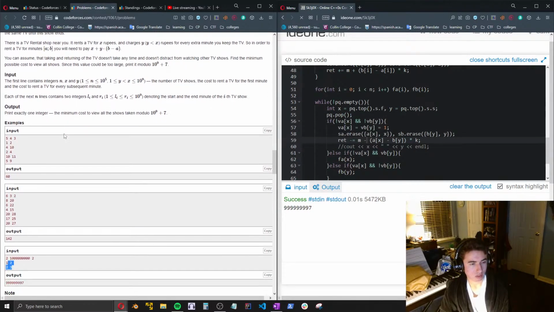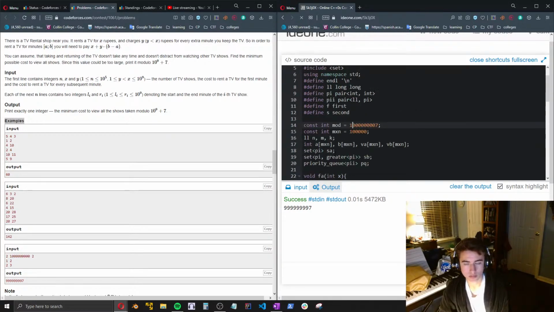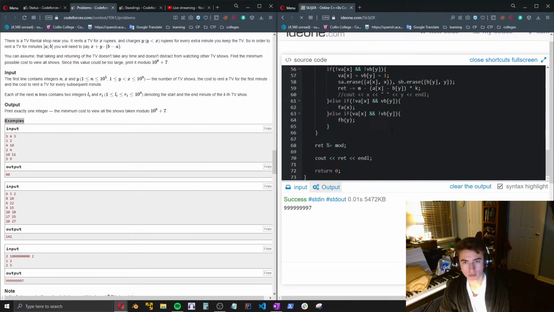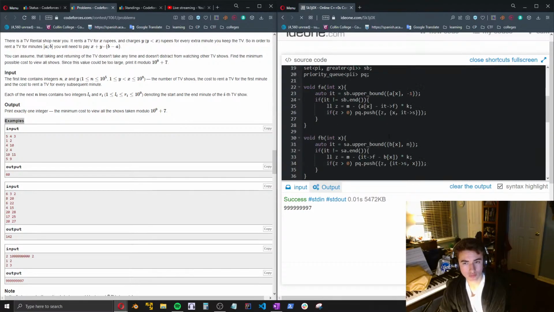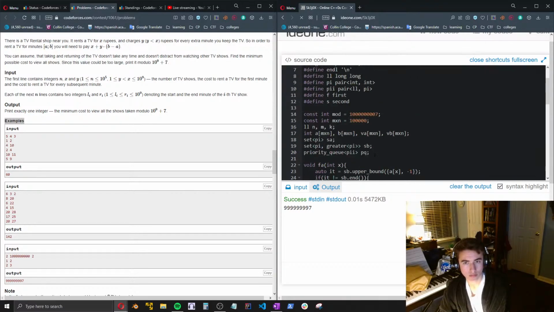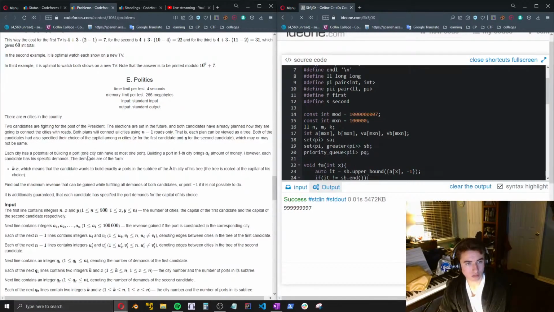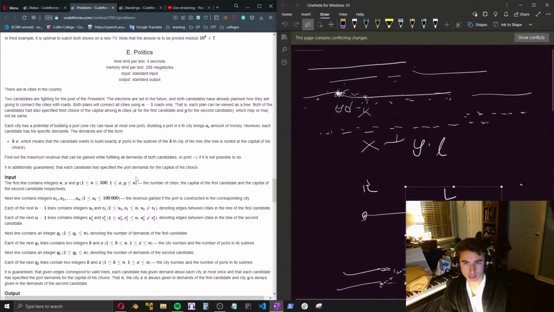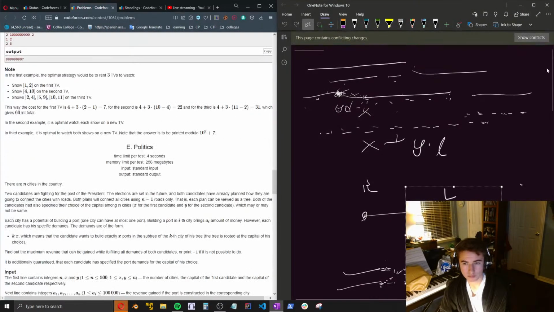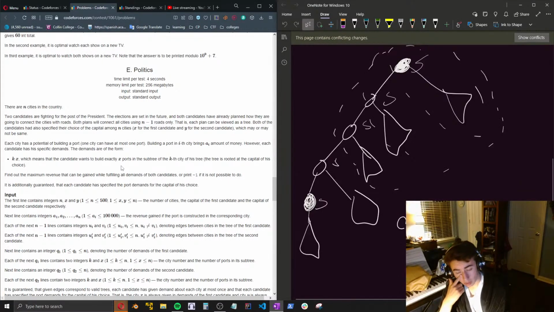Minimum cost view shows. Why is it taking modulo? Alright, let's go back to politics real quick. So it'd be helpful if we had a DP.